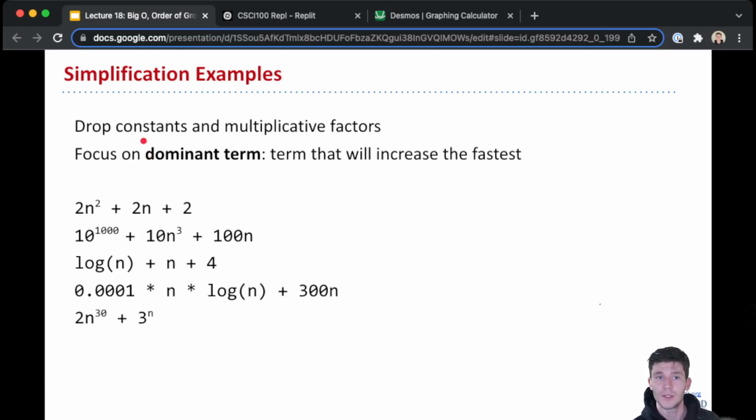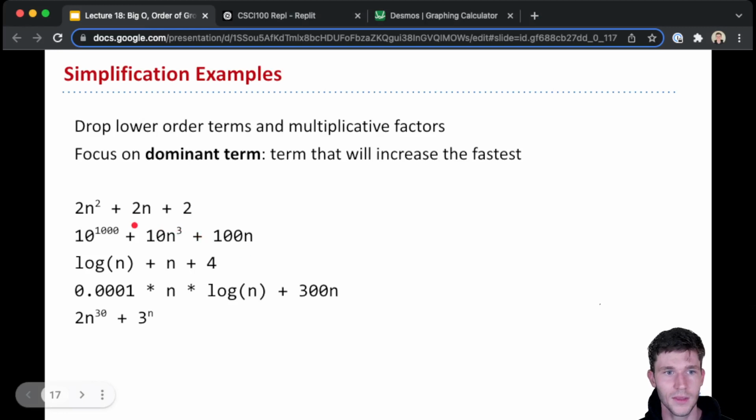So we drop constants and multiplicative factors. So what are the constants here? Well, actually I should be really precise here: not constants, but lower order terms and multiplicative factors, to be very precise. So what are our lower order terms here?